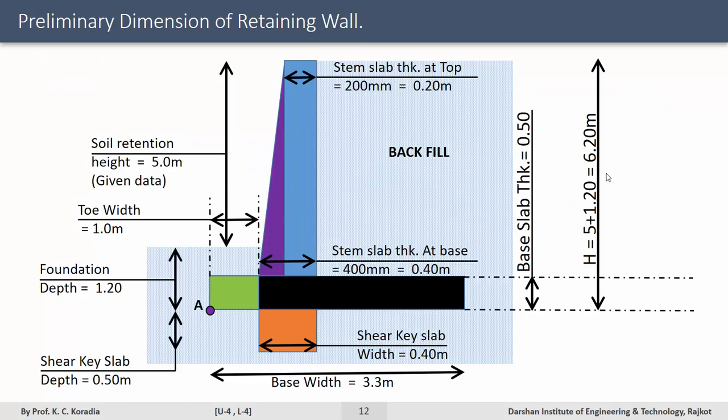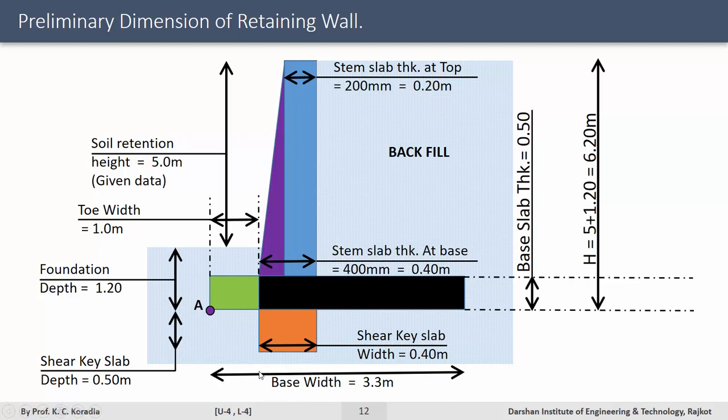These all are the preliminary dimensions which we have derived in our previous slide. Here, soil retention height, which is a given data, is 5 meter. Below it, we have a foundation depth of 1.2 meter.